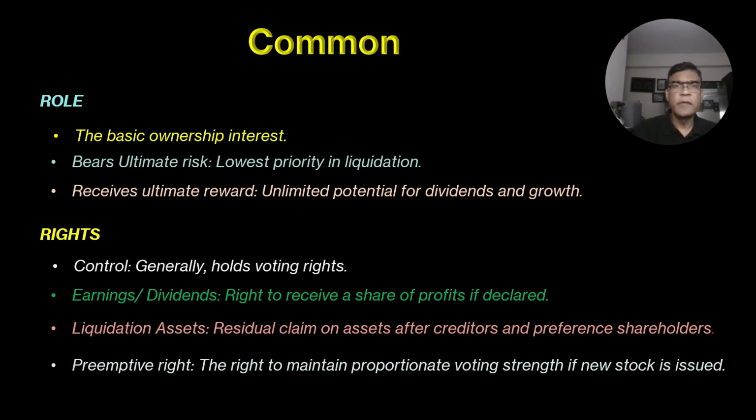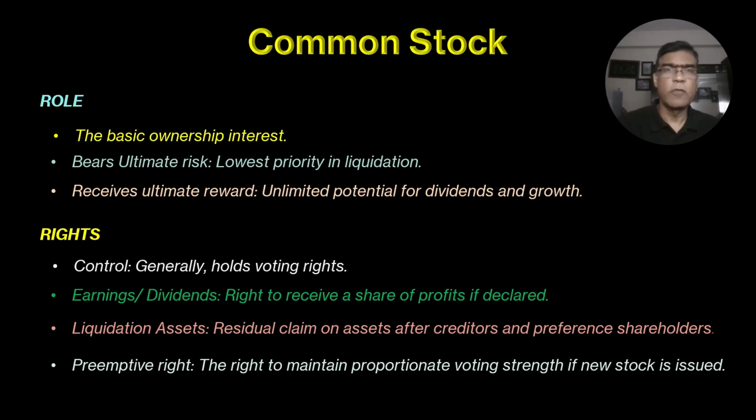Common stock represents the basic ownership interest in a corporation. Holders of common shares carry the highest risks because they are last in line during liquidation, but they also have the highest potential reward when the company prospers. They enjoy rights such as voting power, the ability to receive dividends when declared, and a residual claim on assets after creditors and preferred shareholders are paid.